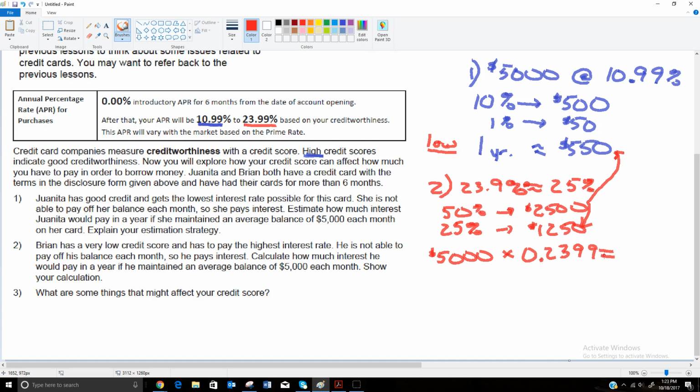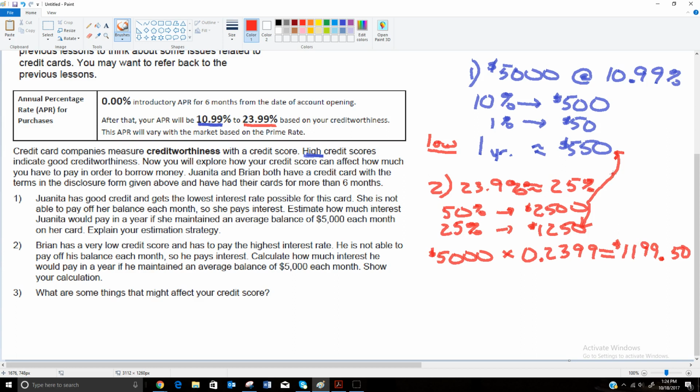If we type that into the calculator, 5,000 times 0.2399 gets us 1,199.50. Like I said, this was a little high because I rounded it up to 25%, but still we're at nearly $1,200 rather than only $550. So that's more than double what Juanita is paying.